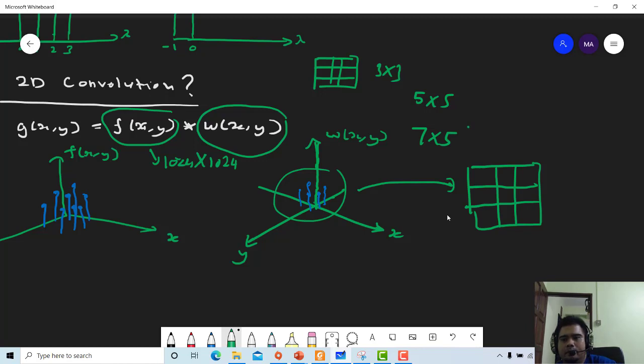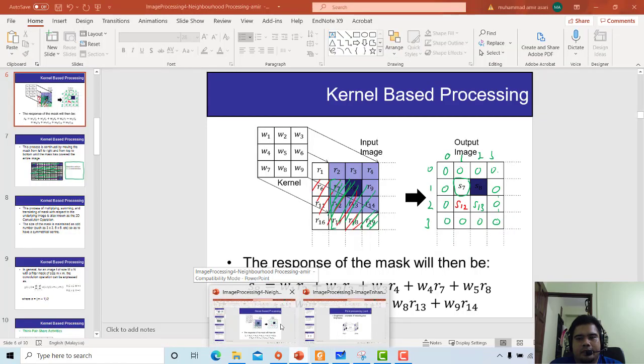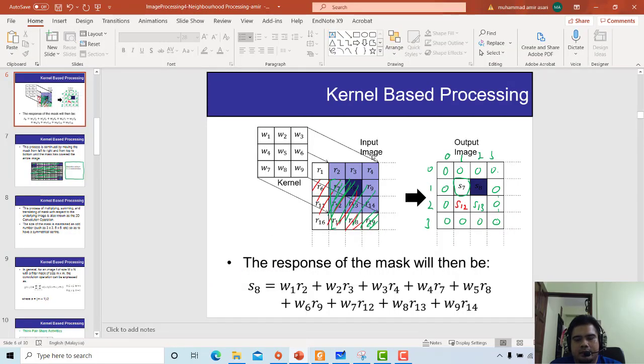This is your w(x,y). So the issue is, when I explained previously the two-dimensional convolution in this slide, I didn't explain about the flipping mechanism.